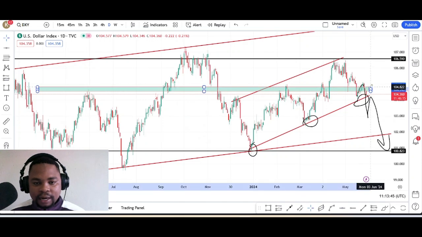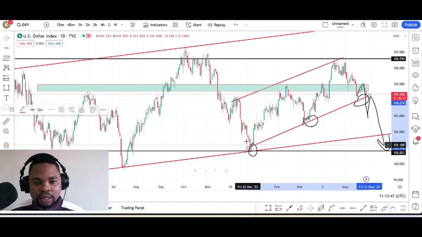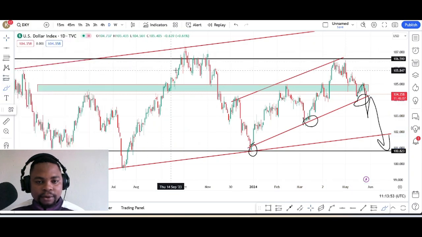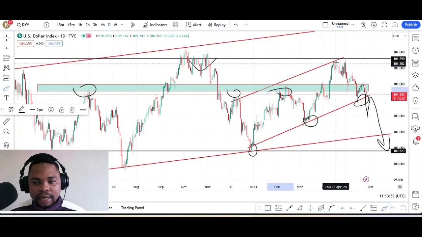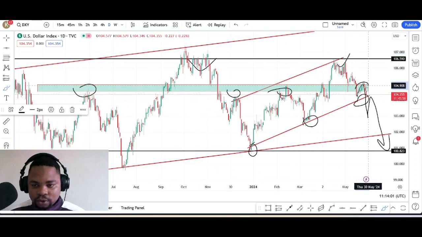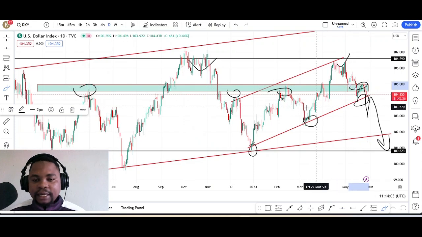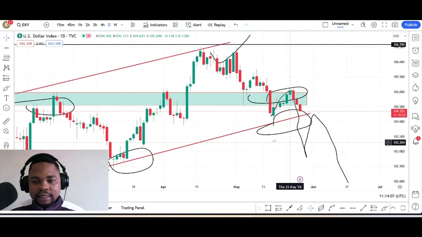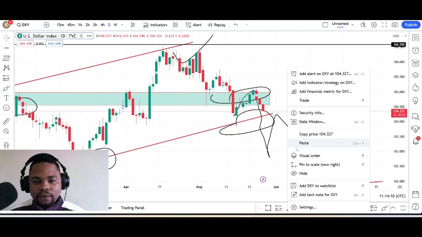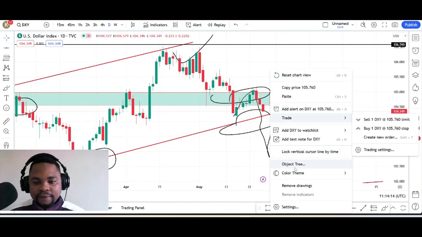Every time our structure is within this zone, it normally fails to do what? It normally fails to buy, but it only did here. It couldn't here, it couldn't here, it couldn't here, it did here, but it is also failing here, which gives me an understanding that it's very highly possible for us to continue selling from that point.